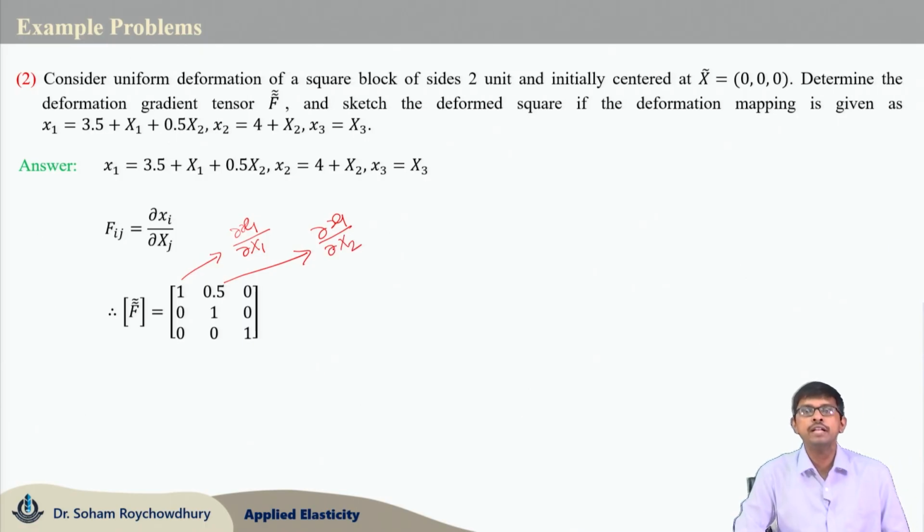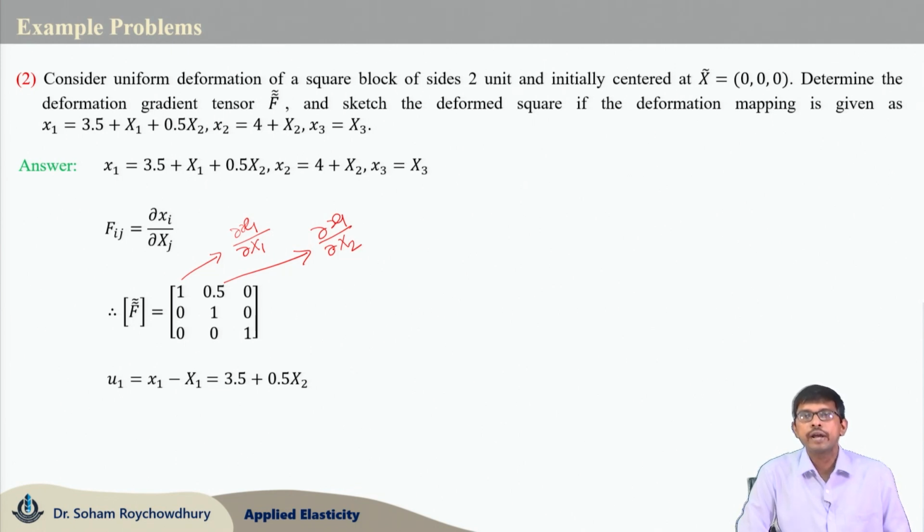Like that you can obtain all the components, and that would come out to be 1, 0.5, 0, 0, 1, 0, 0, 0, 1.